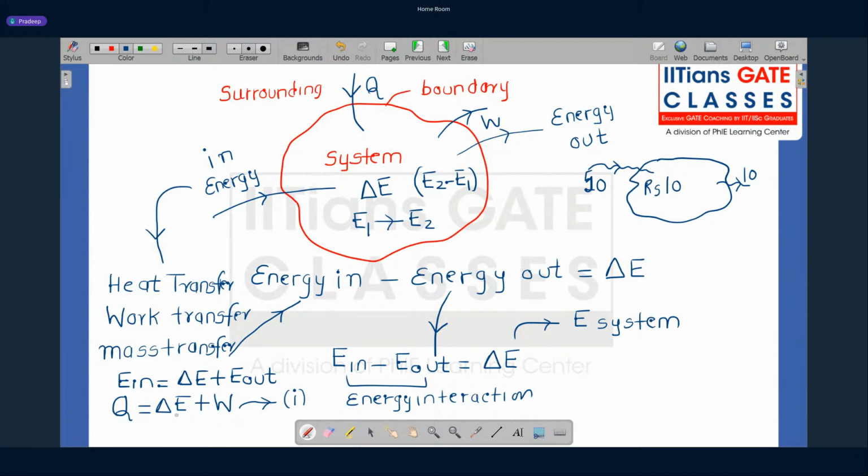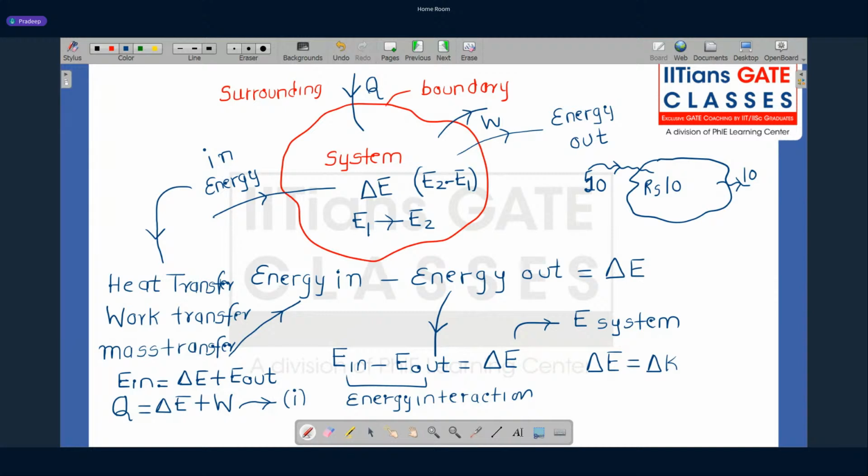You would have written this term multiple times, where Q is net heat transferred to the system, W is net work done by the system, and delta E is the change in energy of the system. And what is the change in energy of the system? What different energies can the system possess?